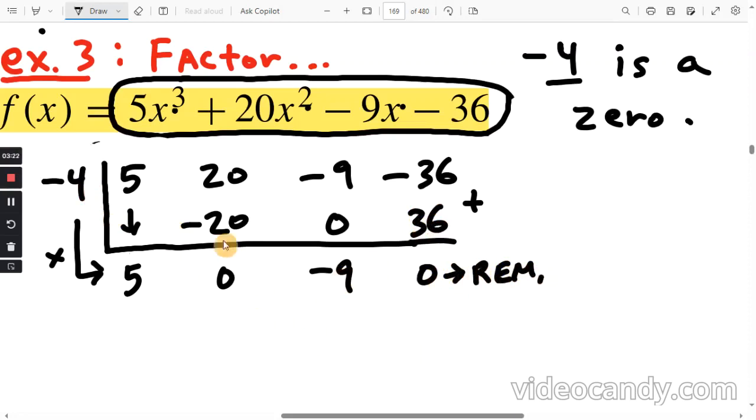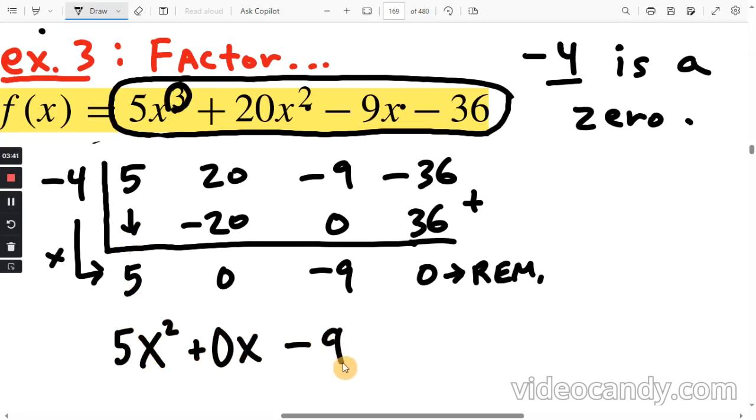All right, so these are the coefficients. The highest exponent is 3, so you subtract 1, and the highest exponent is now a 2 on the x. It's x squared instead of x to the third. We have 5x squared, we have 0x, and we have -9. And this is going to be multiplied by x plus 4.